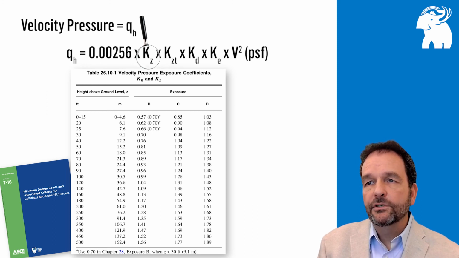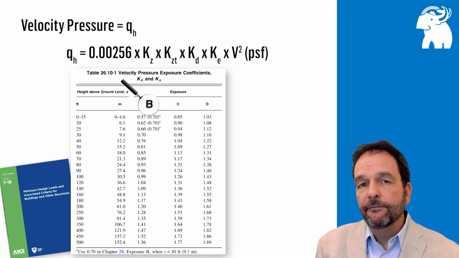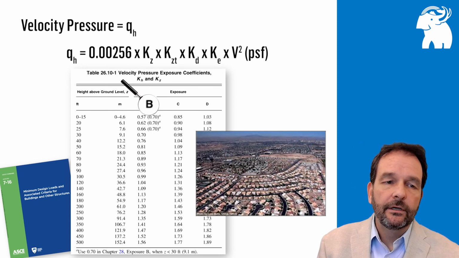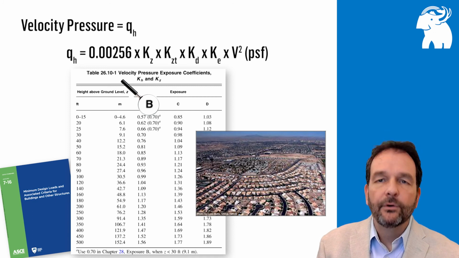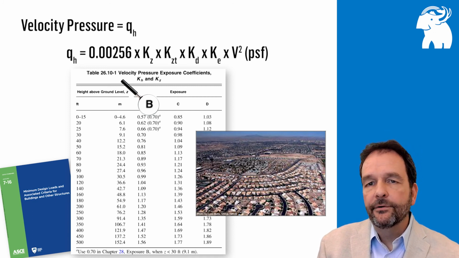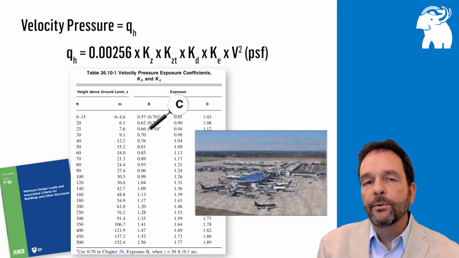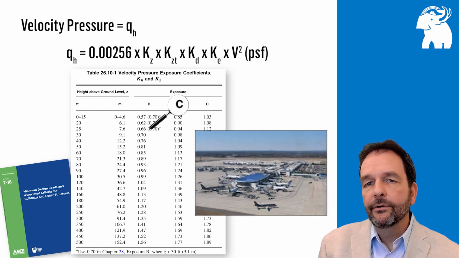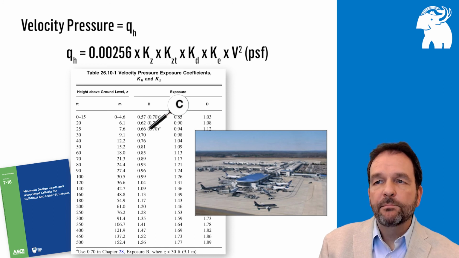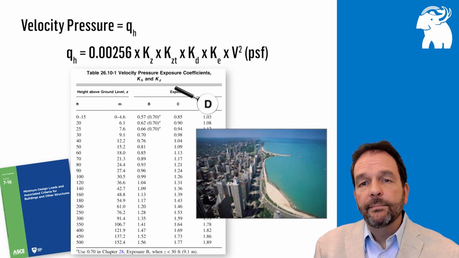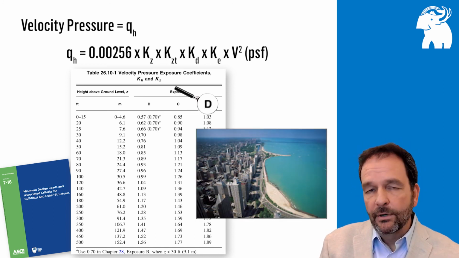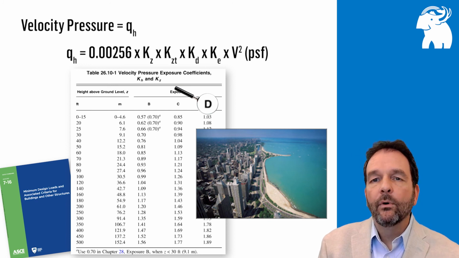Ground roughness or exposure B would be for dense buildings spaced close together. Ground roughness or exposure C would be more open terrain, such as an airport here. And then exposure D would be buildings within close proximity to open water.